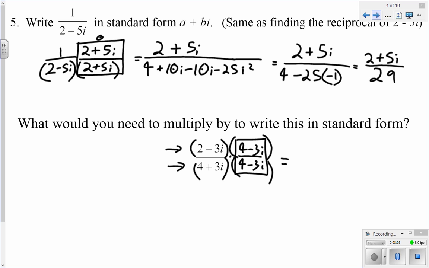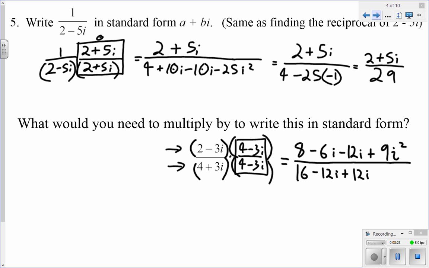Okay, so we get 8 minus 6i minus 12i plus 9i squared, all over 16 minus 12i plus 12i minus 9i squared.